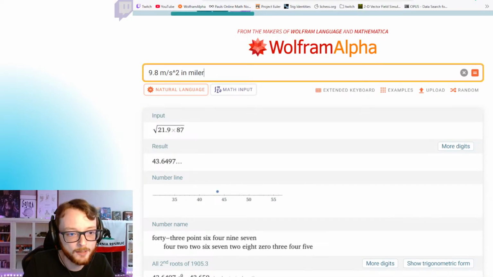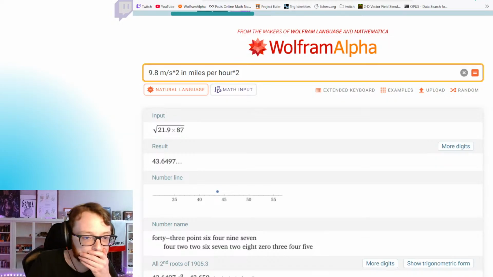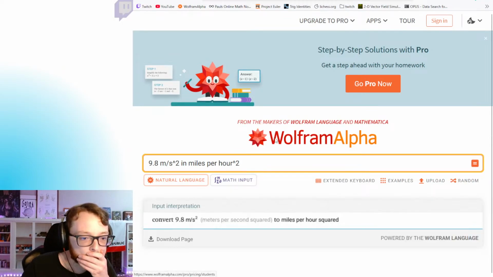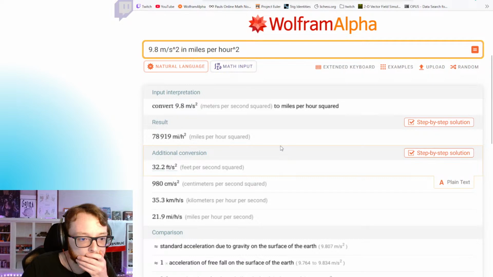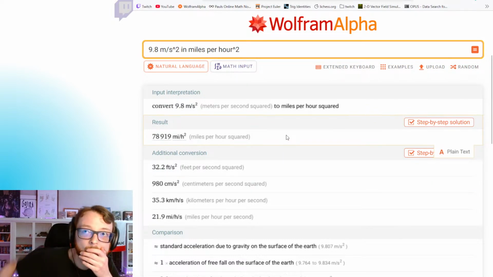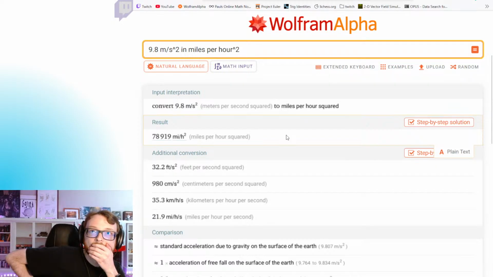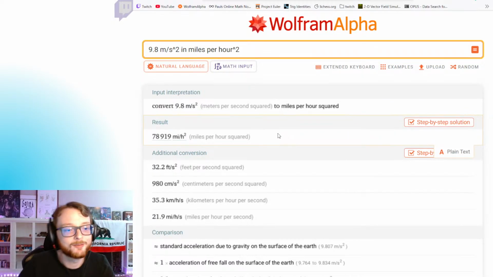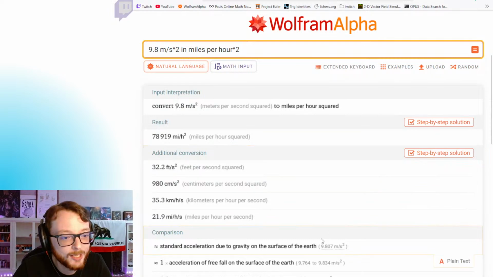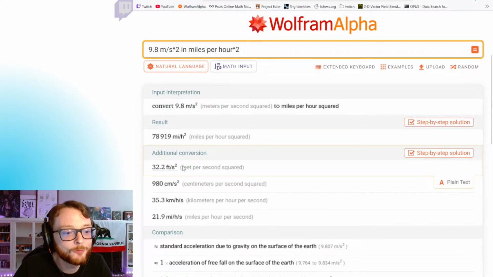And miles per hour squared. That does. Yeah, I think I need to use this gigantic number. Oh, it's 32 feet per second. Okay, that's what I was thinking. That's the 32.